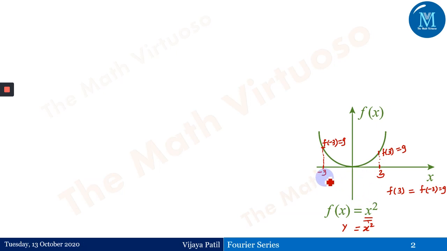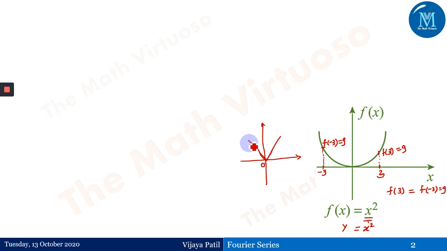If I want to consider another example, suppose this is the y-axis and this is the x-axis. Let me draw this again. Please consider this as a straight line, and this is the origin, and this is the curve.